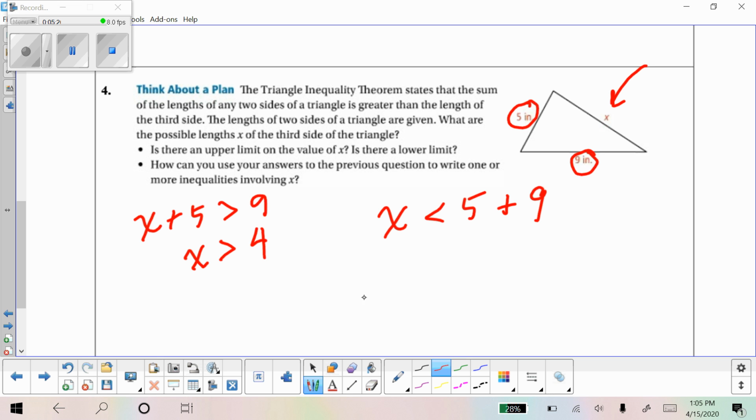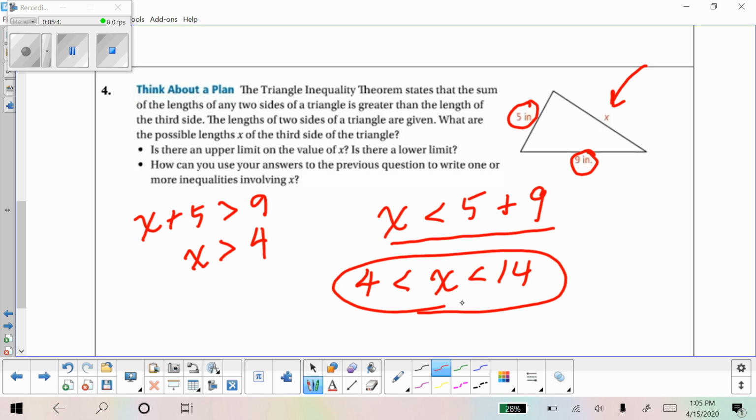So we get an inequality like this. 4 is the smallest x can be. And from this inequality here, we get x must be less than 14. So x can be any number between 4 and 14, not including those numbers.